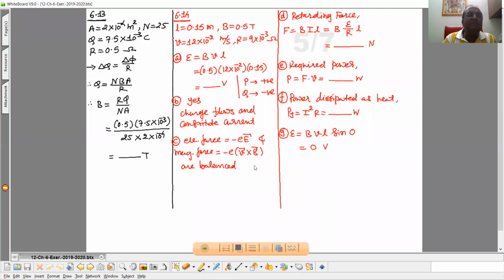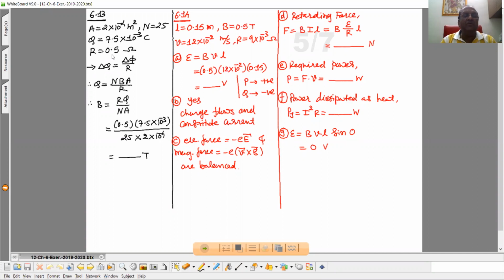Very simple example. See, area that is 2 centimeter square, so that is 2 into 10 raised to minus 4 meter square. The number of turns in the coil, that is 25. When it is snatched out of the field region, the charge flow, that is 7.5 millicoulomb, so that is 7.5 into 10 raised to minus 3 coulomb.